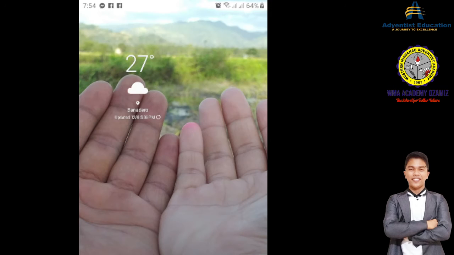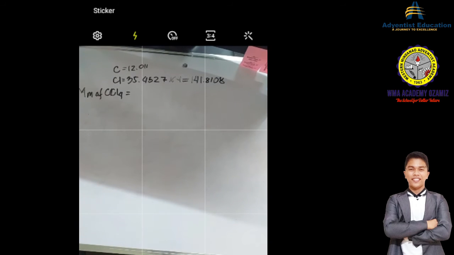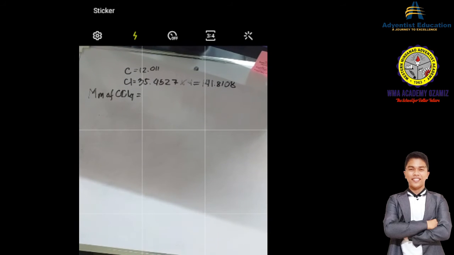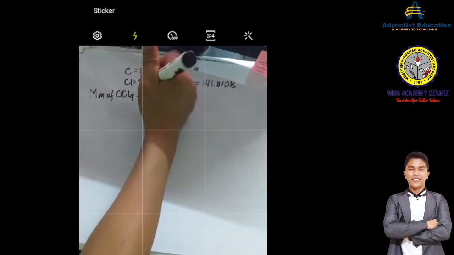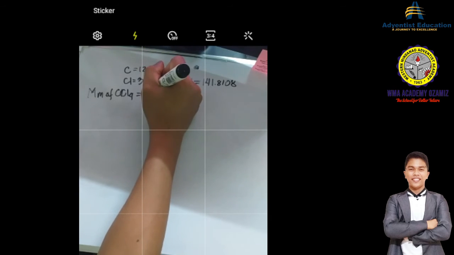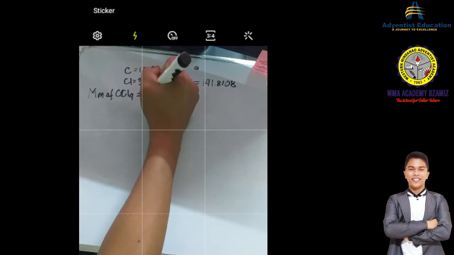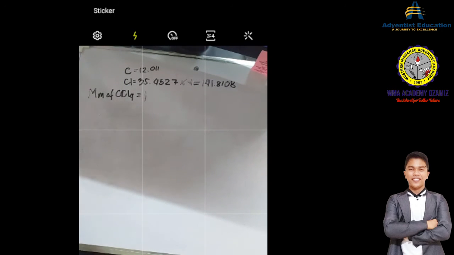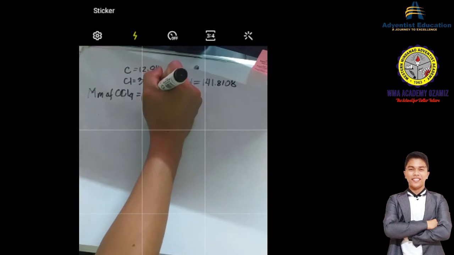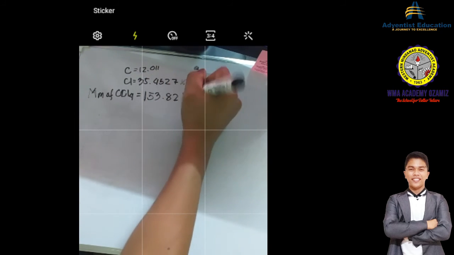Plus 12.011 equals, so we now have our total mass of the CCl4, 153.8218.